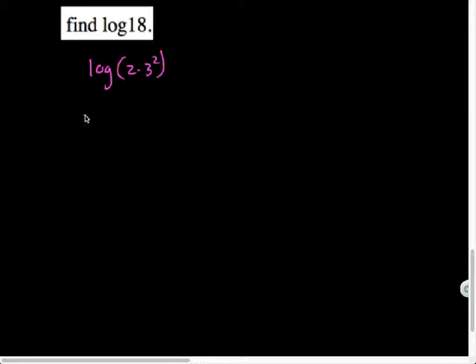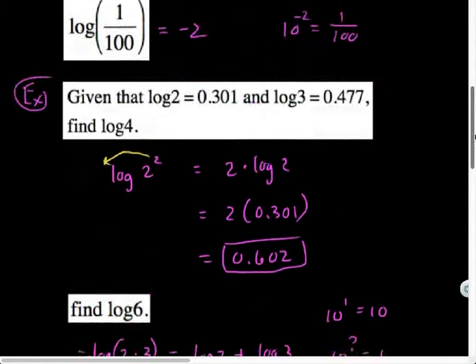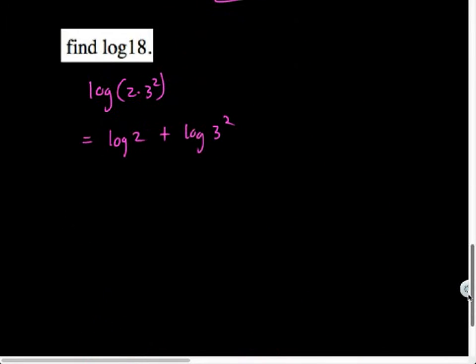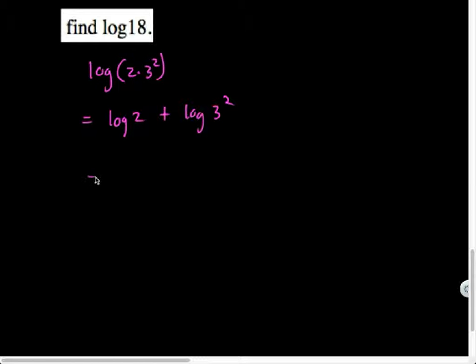The log of a product is the sum of 2 logs, so that's log of 2 plus log of 3 squared. And I think I technically did some work with this. Did I do that one? No, I didn't. I did 2 squared earlier. That's fine. And then I could use the power property, so that's log of 2 plus 2 times log of 3.